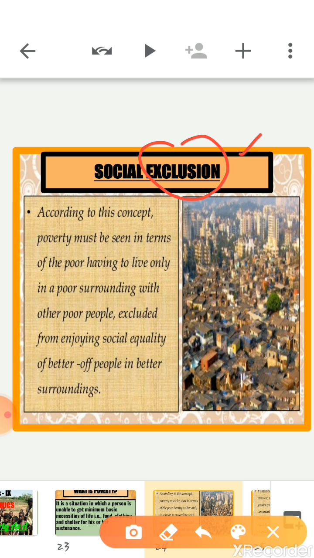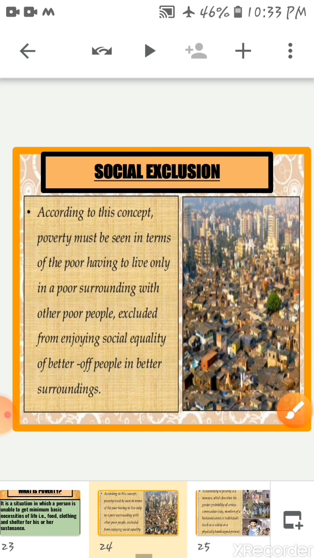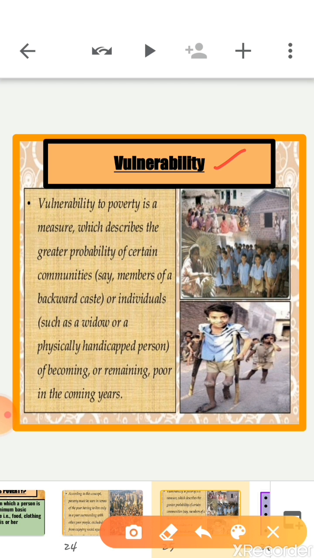And they are also excluded from enjoying the social equality of people in better surroundings. Clear? It is mainly a process through which individuals or groups are excluded from facilities, benefits and opportunities that others enjoy. For example, the caste system in India. Clear?